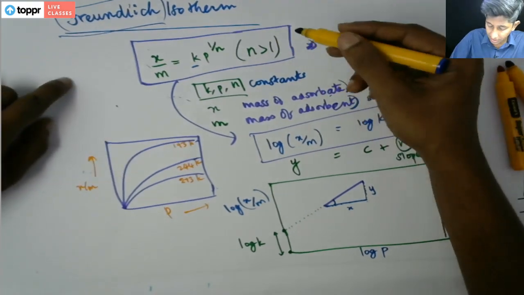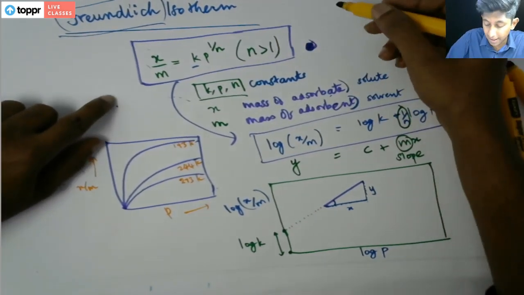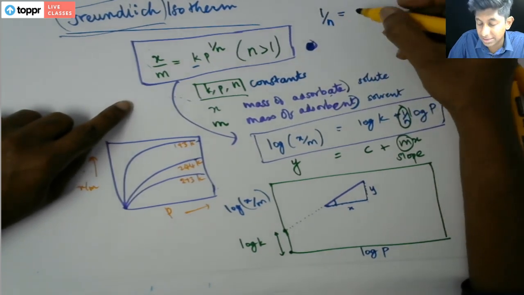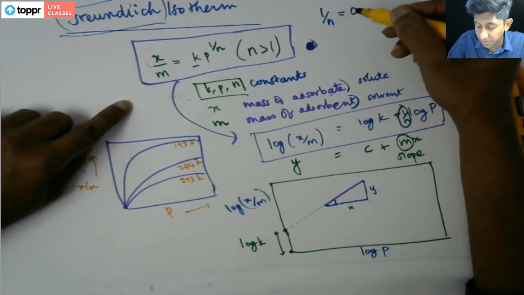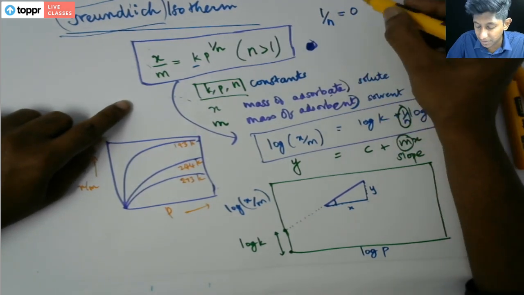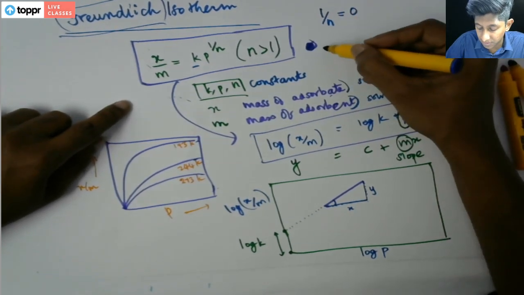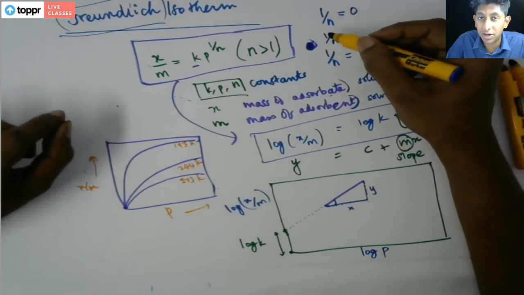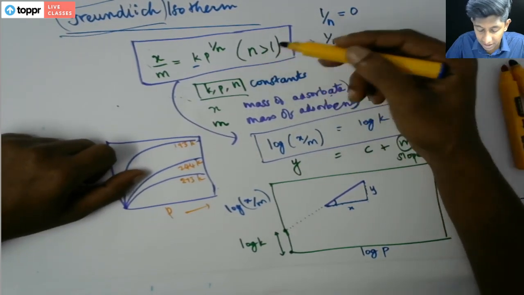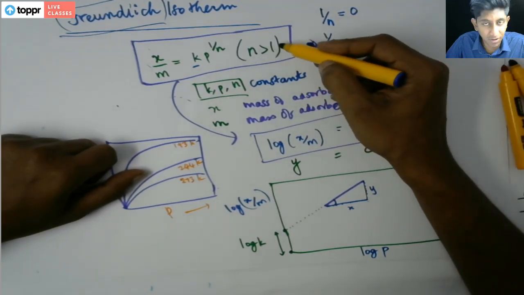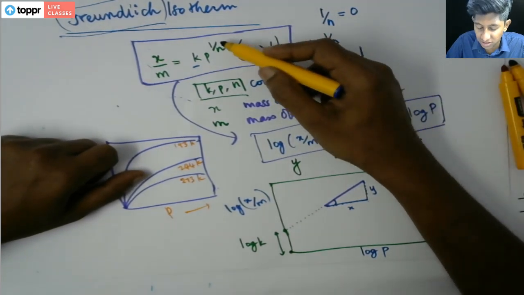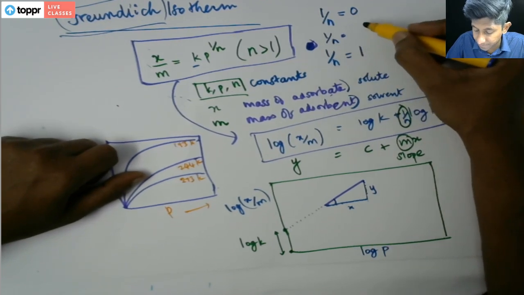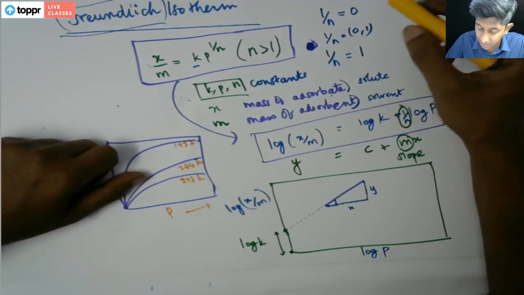Now just imagine hypothetically that 1 by n can only be a value between 0 and 1. It cannot go beyond that, because n is greater than 1. It's always a fraction between 0 and 1.